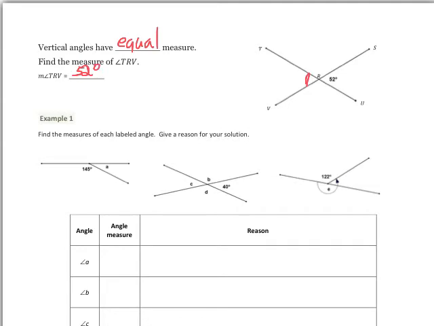Now, what if I wanted to find the measure of angle TRS? Well, if this is 52, TRS and SRV are a linear pair, and linear pairs add to 180. There's my justification. Linear pairs add to 180 degrees.